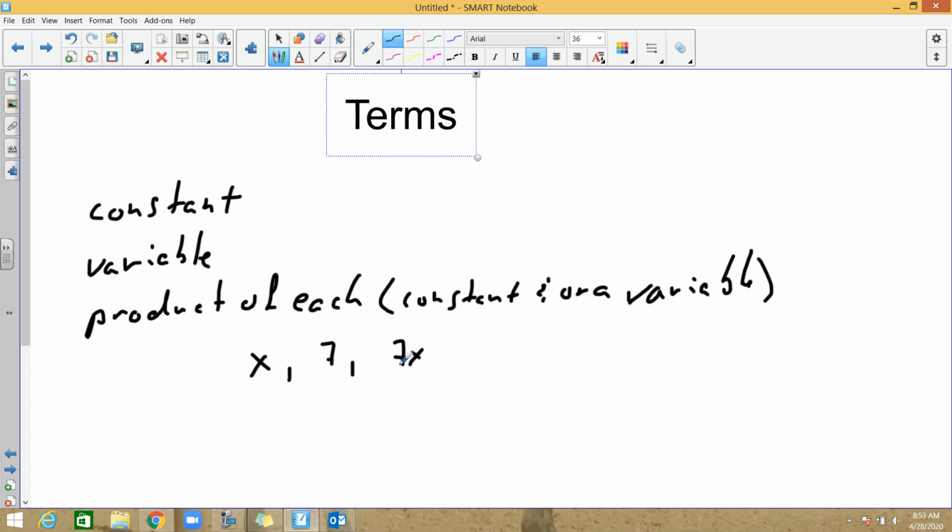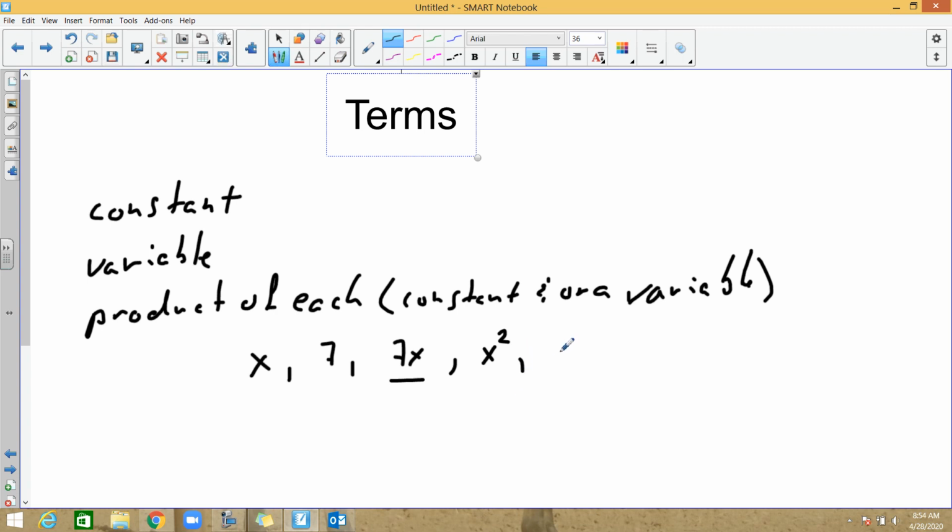Now from here, this means to multiply. A product, if you recall, means to multiply. When we butt things that are not alike up against each other, it means to multiply. From right here, things get kind of goofy and they can go all over the place, okay? Because once we're talking a product of each, we're also talking about x squared being a term, because this is x times x.